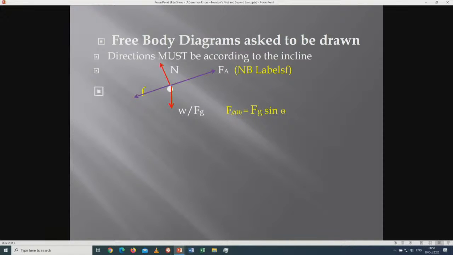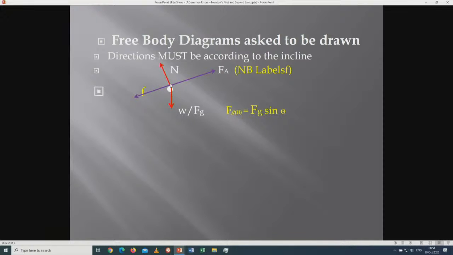Many times the body is on an incline, and there are forces acting in the direction of the incline. In this instance, like I've indicated on the diagram, there's an applied force, FA, and then maybe there's a frictional force, and then there's a weight, and then there's a normal force, and very important, that normal force is perpendicular to the incline.